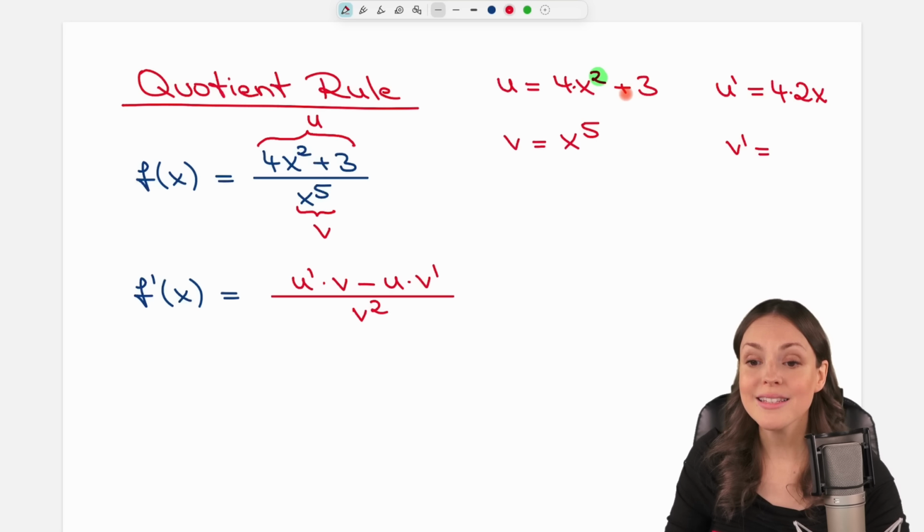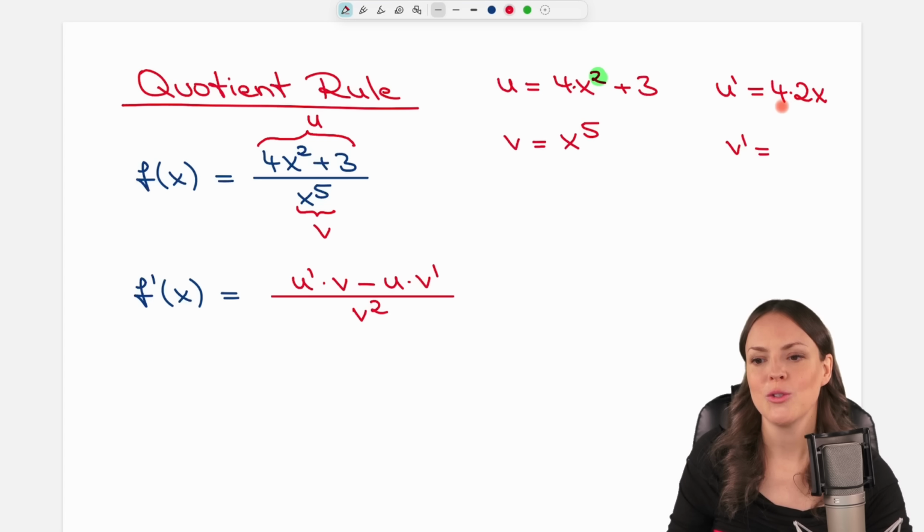And then the plus 3, there is no x in here, so this is just a constant and it will vanish. So we have 4 times 2, we can write it as 8, so that we have 8x in total for u prime. Same with v prime. Here we take the exponent, the 5, and then we have x to the power of 4 here.